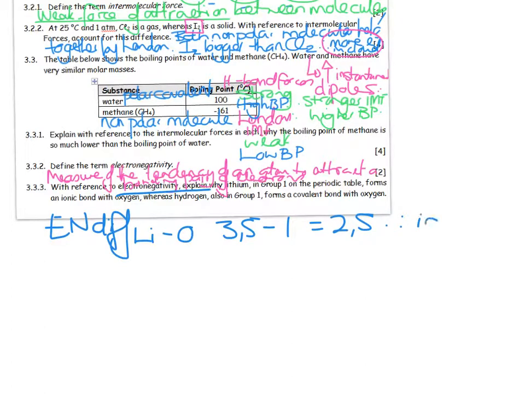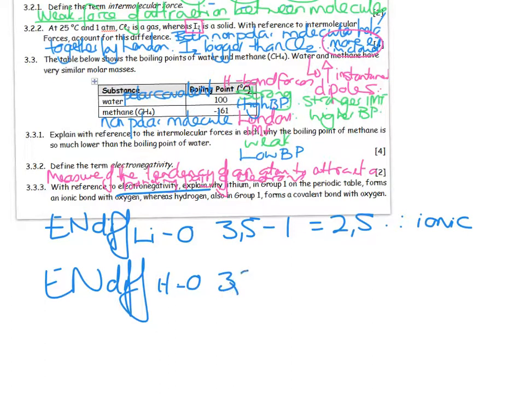Therefore, that is ionic. However, the electronegativity difference between hydrogen and oxygen is going to be 3,5 minus 2,1, which is equal to 1,4. That falls in the polar covalent range.